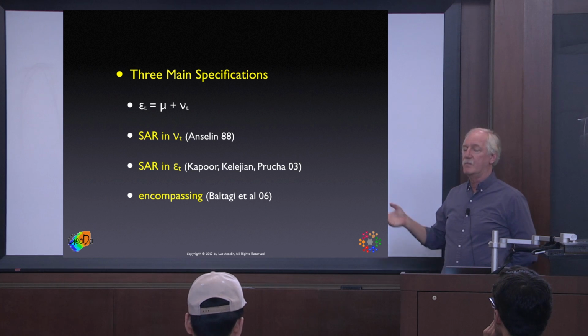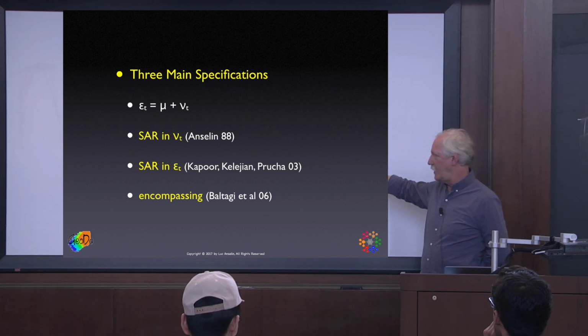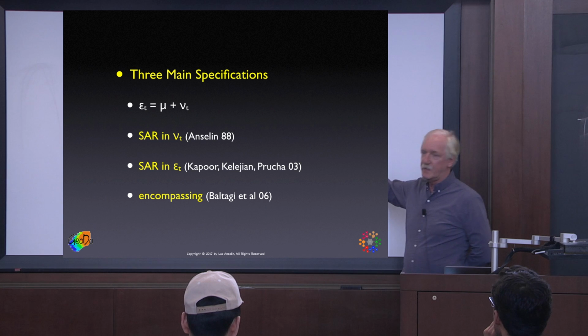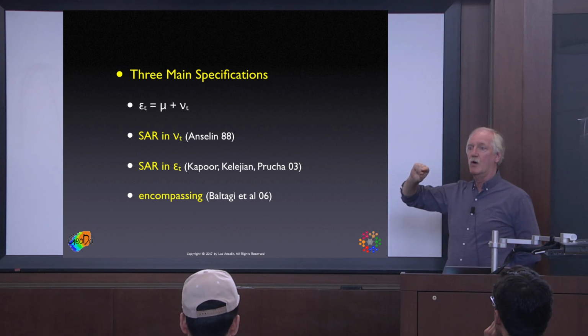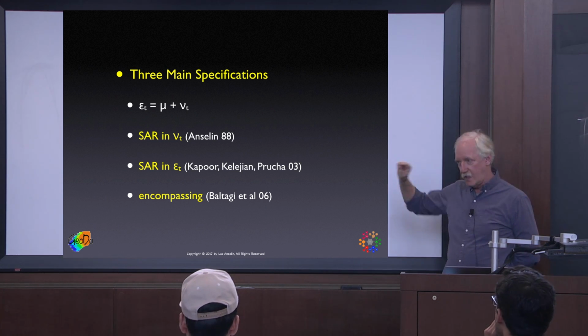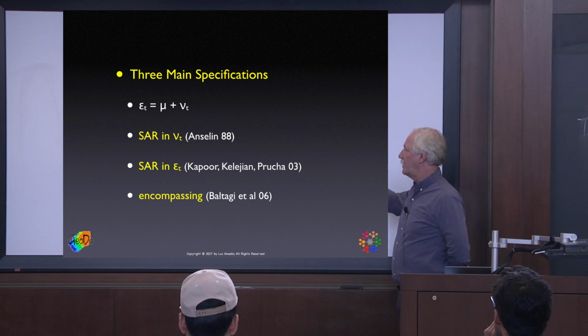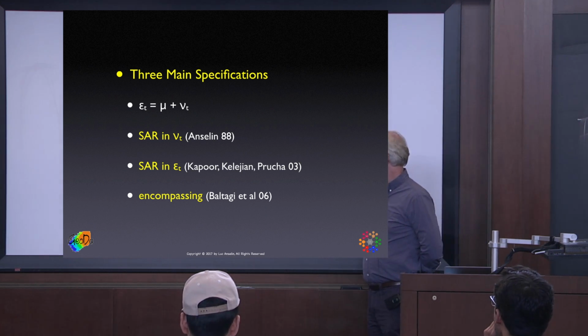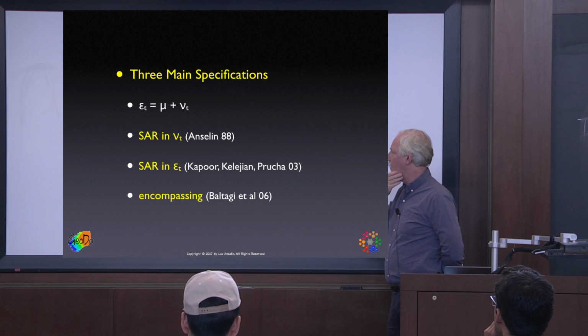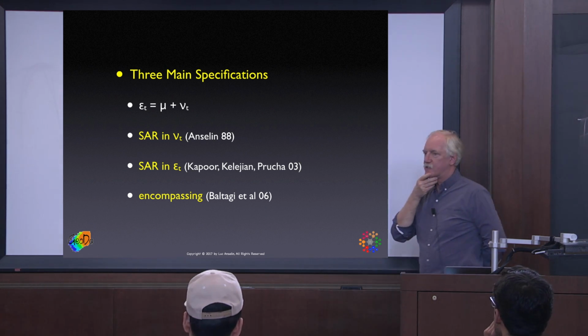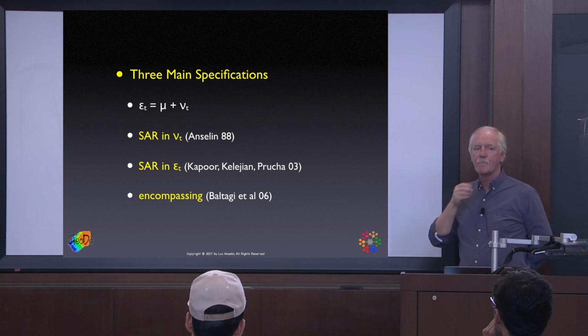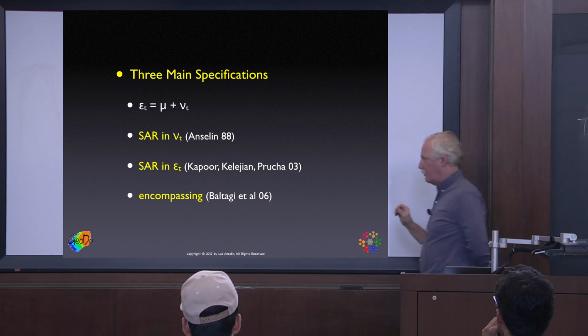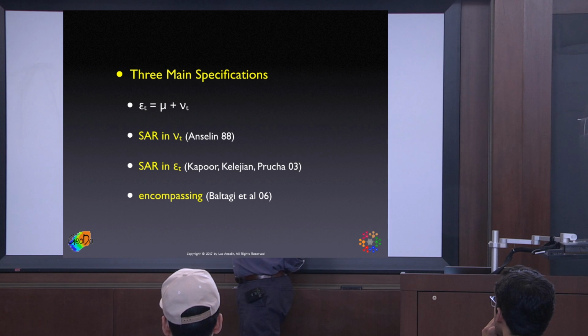So in my way back one book, I did the same thing and put a spatial autoregressive process in that error term. Then the Kapoor paper that came out about 15 years ago did a little bit different and had the autoregressive process apply to the full error term. So rather than applying it to this, it applied to both of these together.